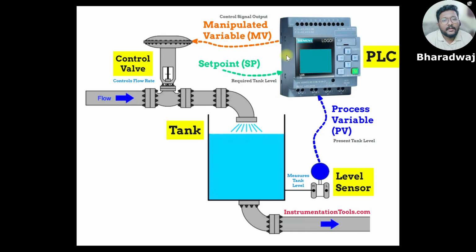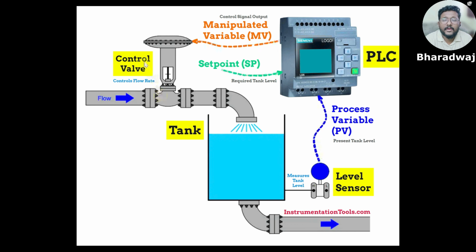Next, the PLC will generate one output. What is that output for? That output is to control the valve. This control valve will control the flow rate. Let's say my valve is 100% closed. That means the water available at the inlet will not reach the tank. 100% of the water will be stopped here.